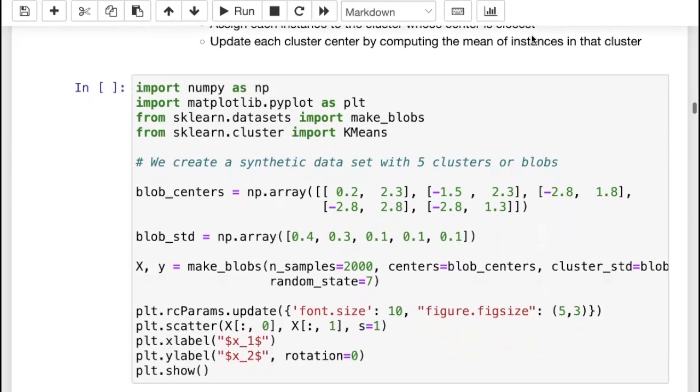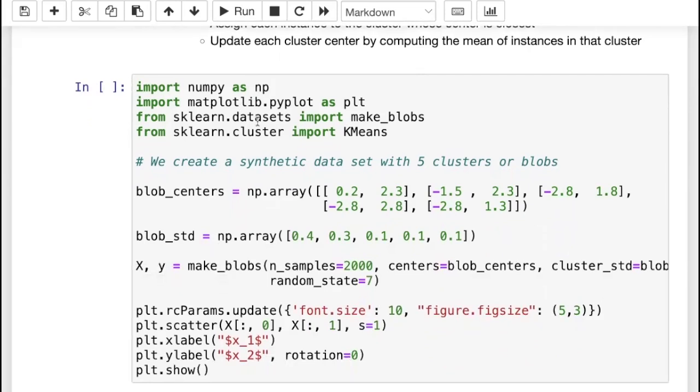To show you how you can use this, let's look at one example. We import NumPy as np and matplotlib.